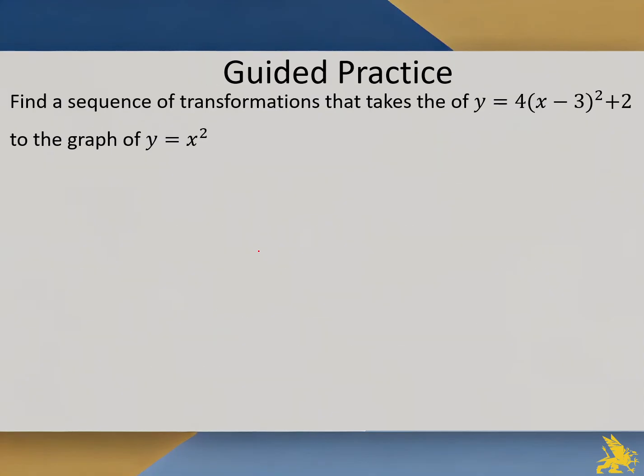Likewise, if I have the same thing, we're going to again compare. We've got y equals 4 (x minus 3) in brackets squared, plus 2, to the graph y equals x squared. So again, we are going to get all of the dilation of the y and the vertical shift onto the other side.